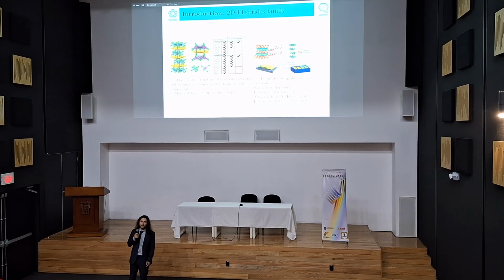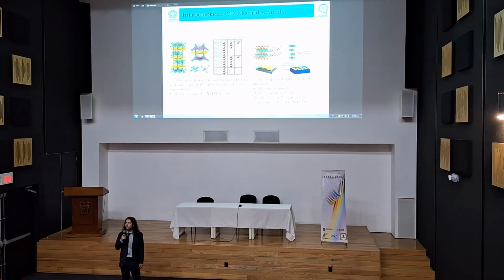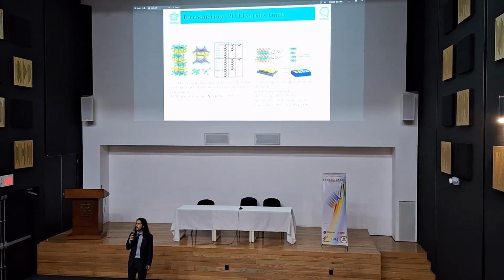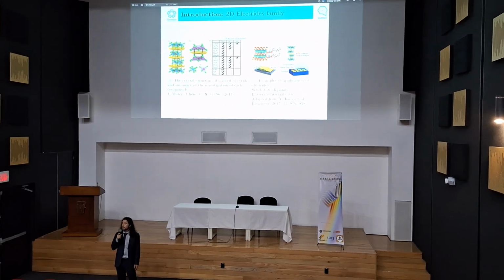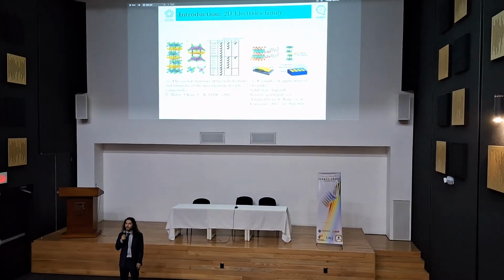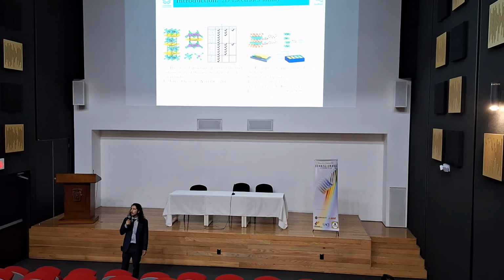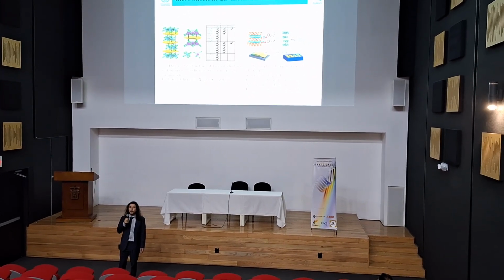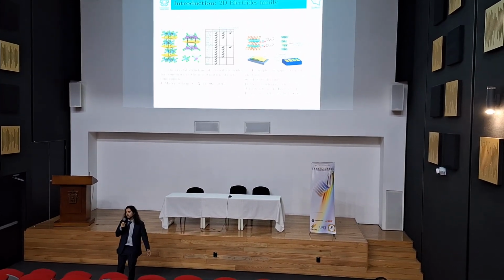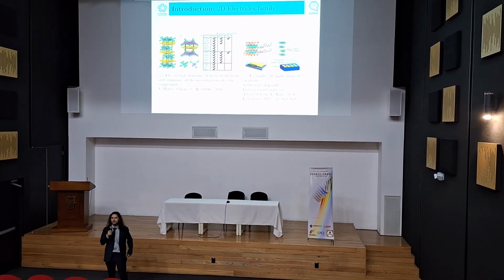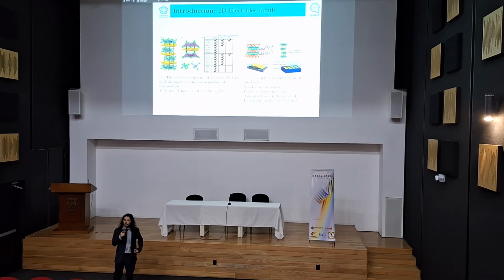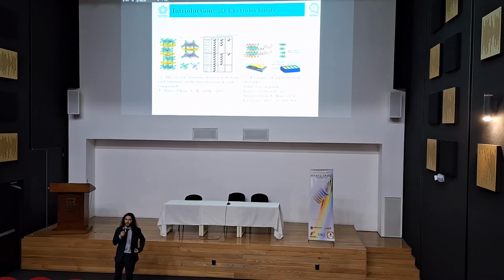Within the domain of the two-dimensional electrides, today we find several families, as you can see in the table. All of these compounds are two-dimensional electrides because they satisfy two criteria.